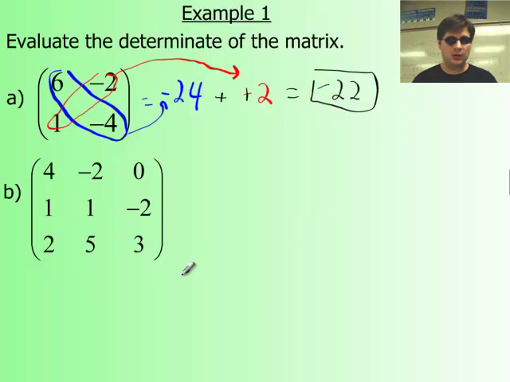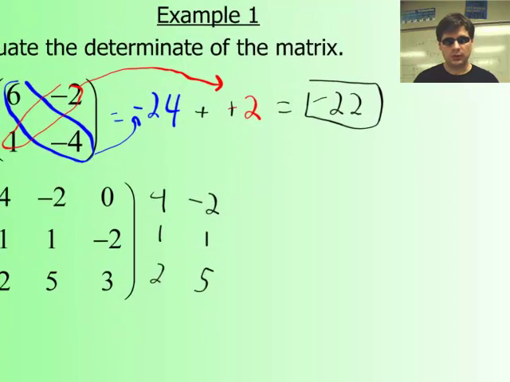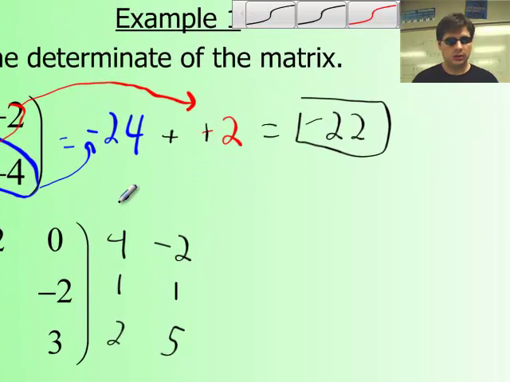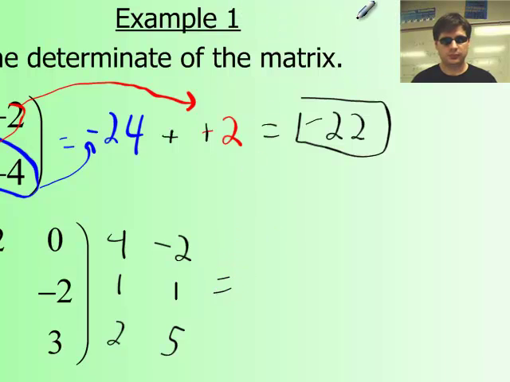Okay, now let's try the 3 by 3 matrix. So we're first going to start by rewriting the first two columns on the outside here. So 4, 1, 2, then -2, 1, 5. Now that we've done that, we can start multiplying on the diagonal. So let's see, make this equal.